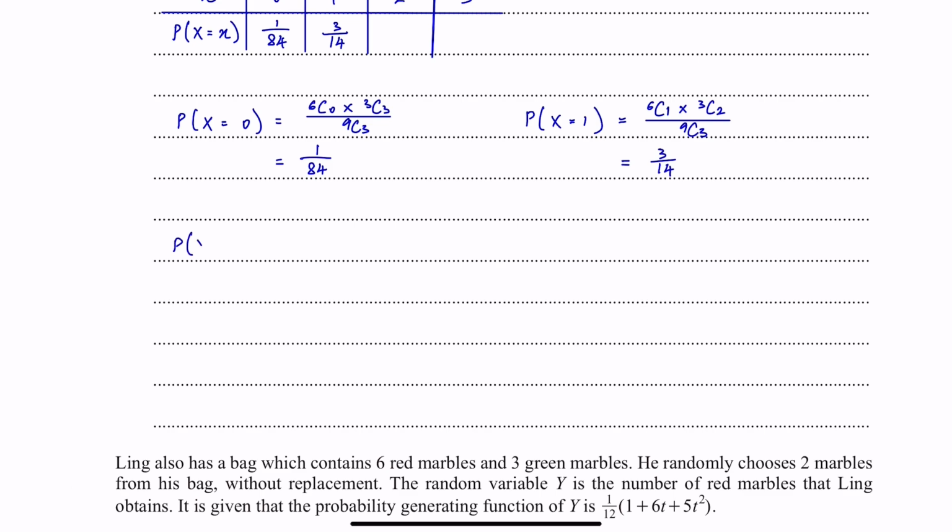And for x equals 2, that means he has 2 red marbles and 1 green marble. So 6c2 times 3c1 over 9c3 equals 15 over 28.